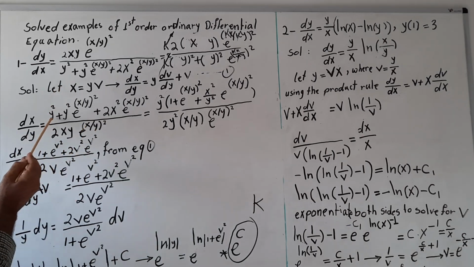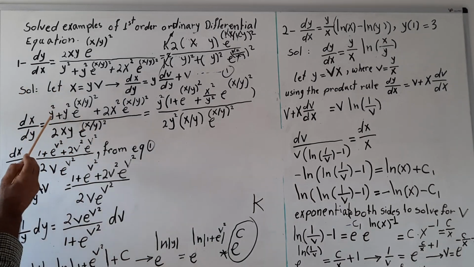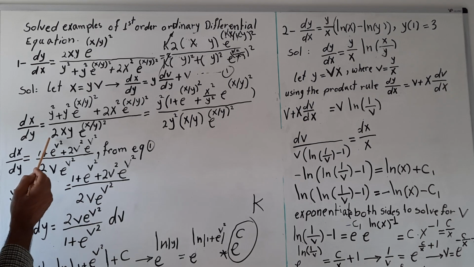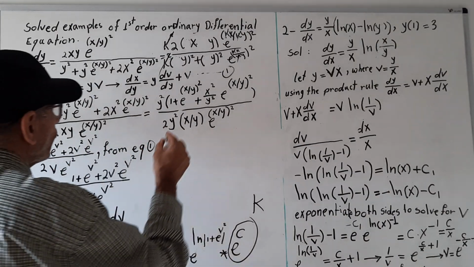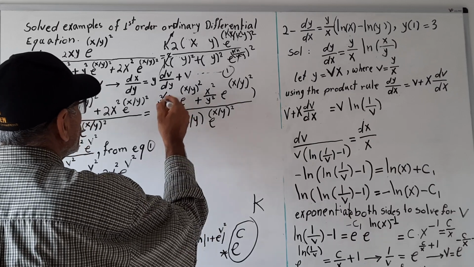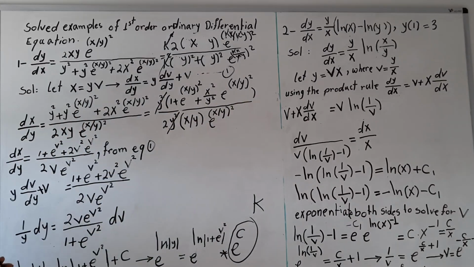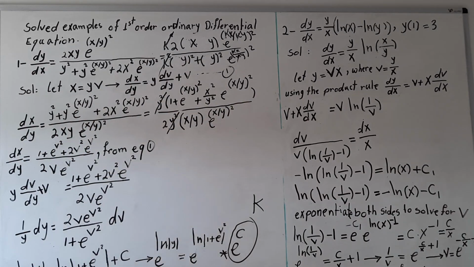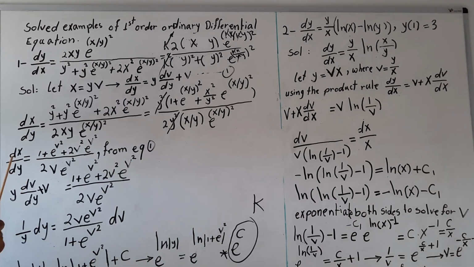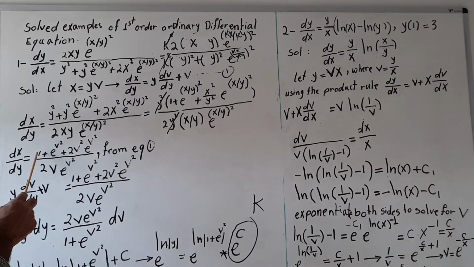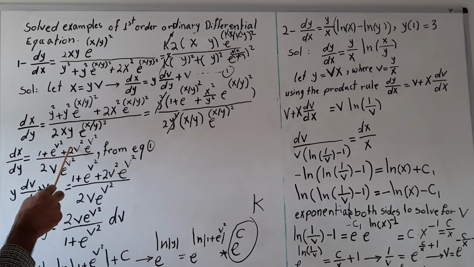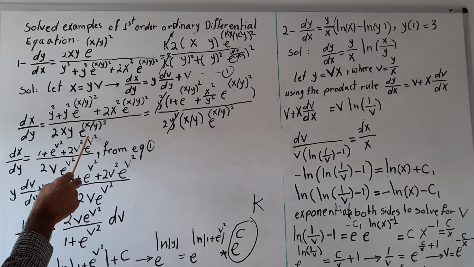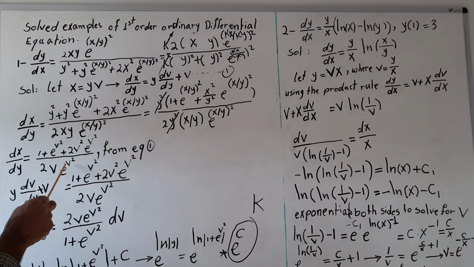And then we factor out y squared from here and y squared from here, and the y squared cancels with y squared, so we got this equation. And this is our equation: 1 plus e^(v squared) plus 2v squared e^(v squared) over 2v e^(v squared).